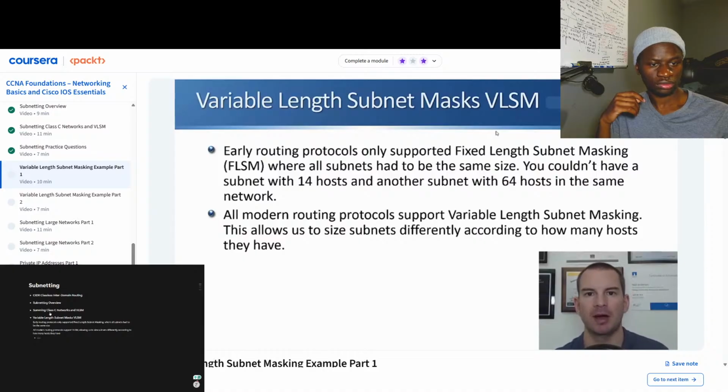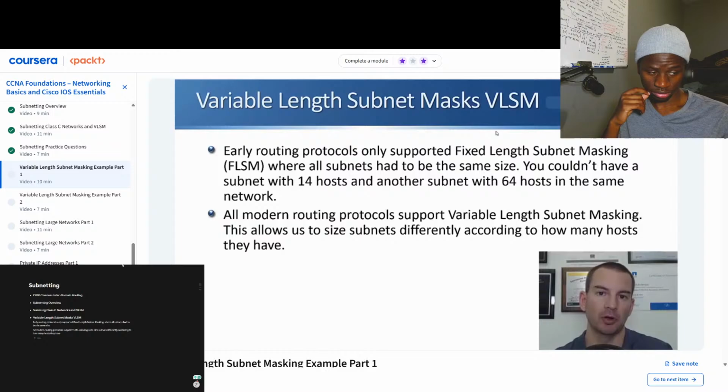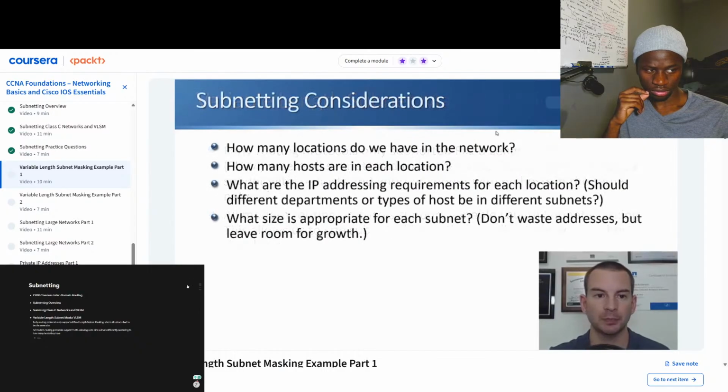You couldn't mix and match /27, /28, /29 within the same larger network. But that ended up wasting a lot of addresses, so with later routing protocols, they did have support for variable length subnet masks, and now we can mix and match the size of our subnets within that greater network. And we're going to work through an example here.